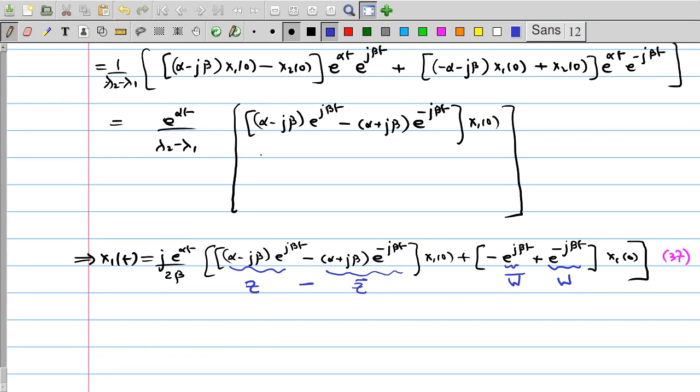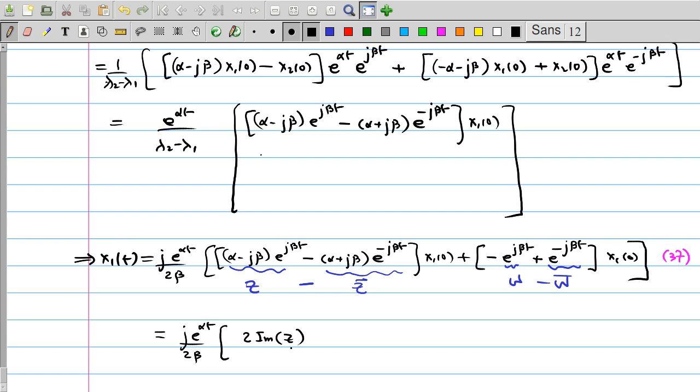So we have minus, and we have negative. Let's call this w and that w bar and put a minus out here. So that equals 2 times the imaginary component of c, right? j e to the power of alpha t over 2 beta times 2 times the imaginary component of c.